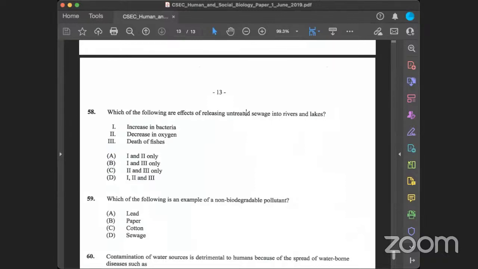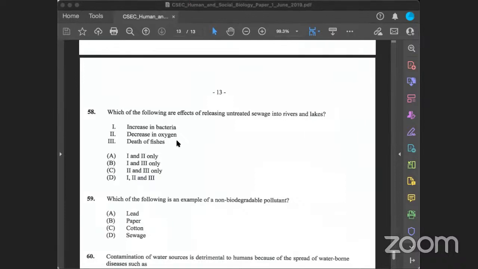What do you think about decrease in oxygen? What would happen to the microorganisms using up the oxygen? That's correct. And death of fish. Would the untreated sewage lead to the death of fish?